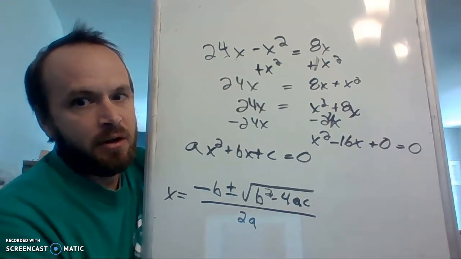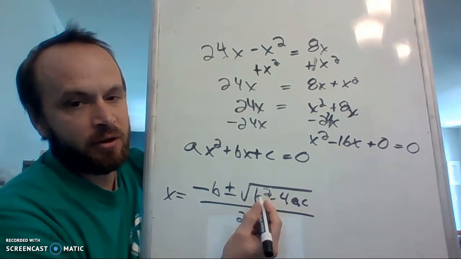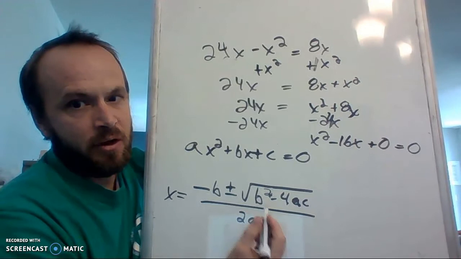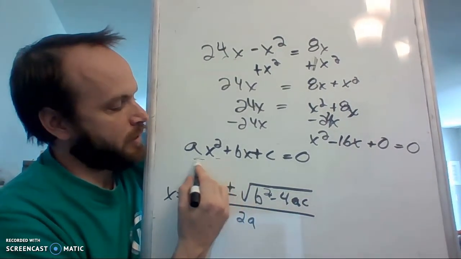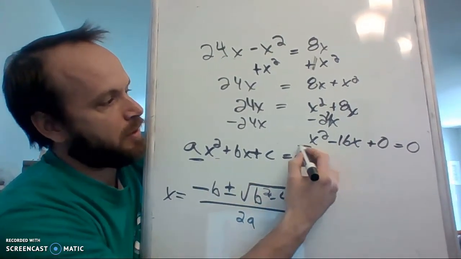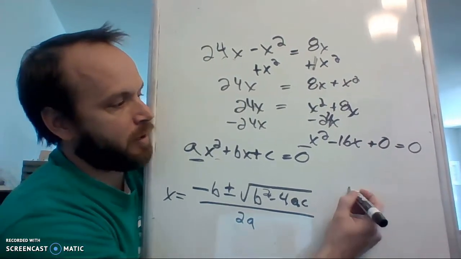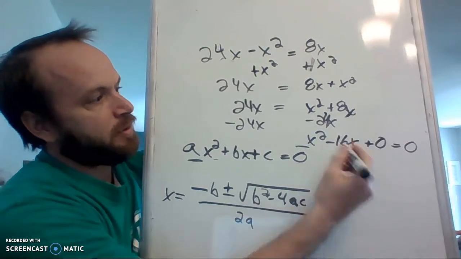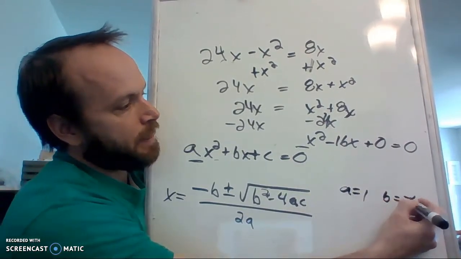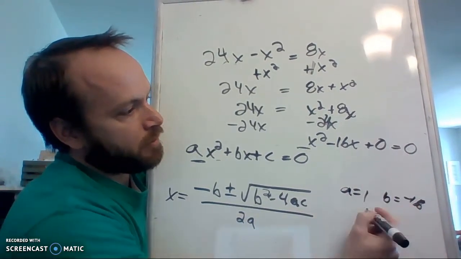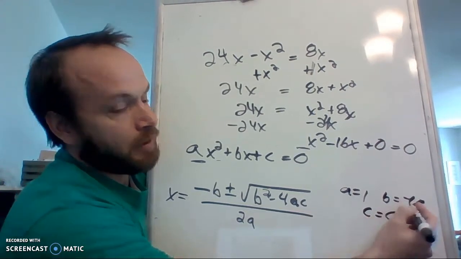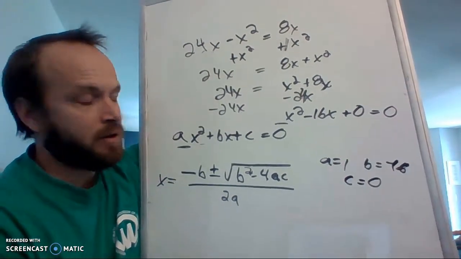So now I can plug this into my quadratic formula to find out what x should equal. The number in front of the x, there isn't one shown, but we can always put a 1 there. So a is going to equal 1, b is going to equal negative 16, and c is going to equal 0. So then I just plug those into my equation.